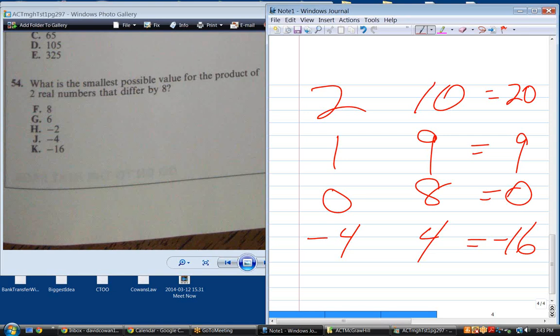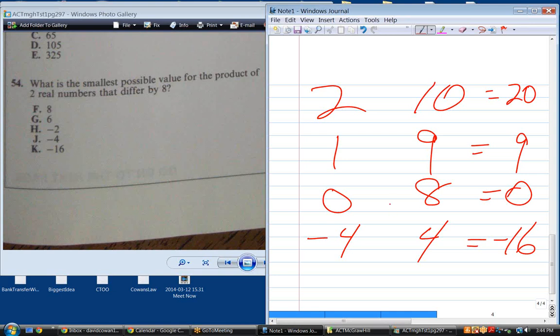In other words, this is really a back-solving problem, which I can speed up by starting at the smallest possible number. If I could find 2 numbers that differ by 8 and multiply to give you this, I'm done. I don't have to consider anything else.